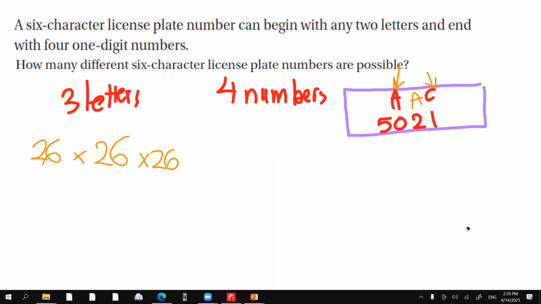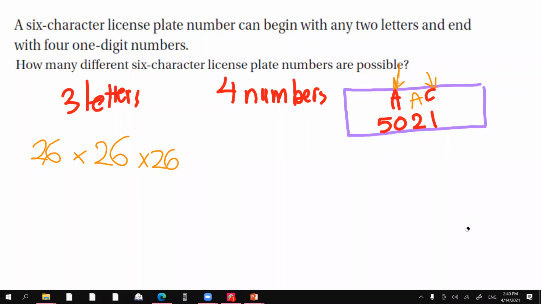Yes. So if you draw them in cards and you want to choose letter A, how many letters do you have? You have 26 letters. If you close your eyes and choose a letter, how many choices do you have? 26.